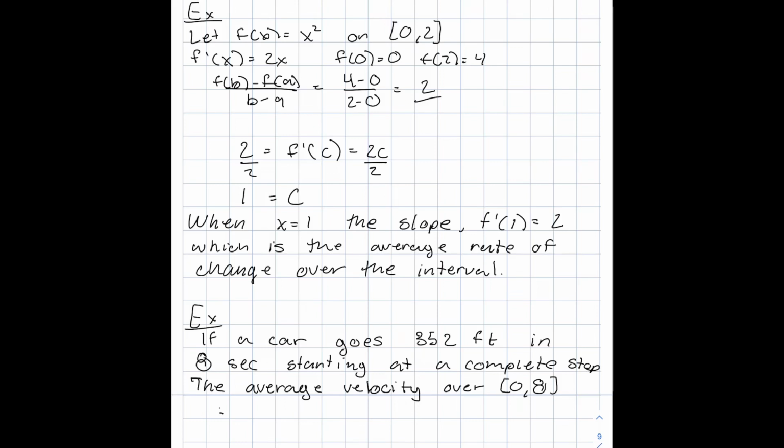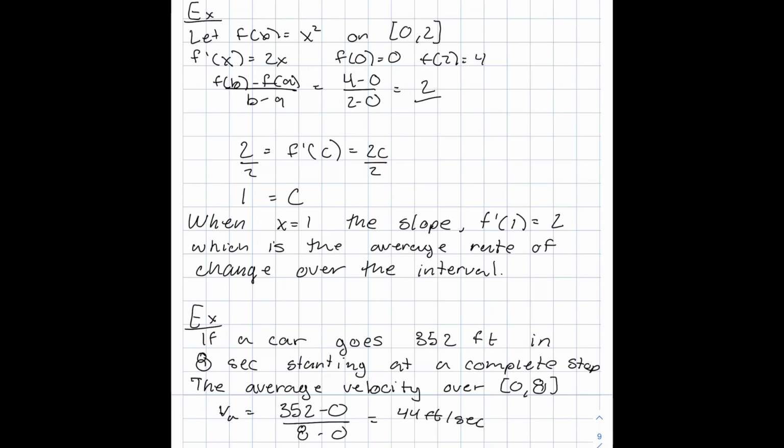So that average velocity, we'll call it v sub a, is going to be 352 minus 0 over 8 minus 0, which is 8. And that simplifies to 44 feet per second, right?